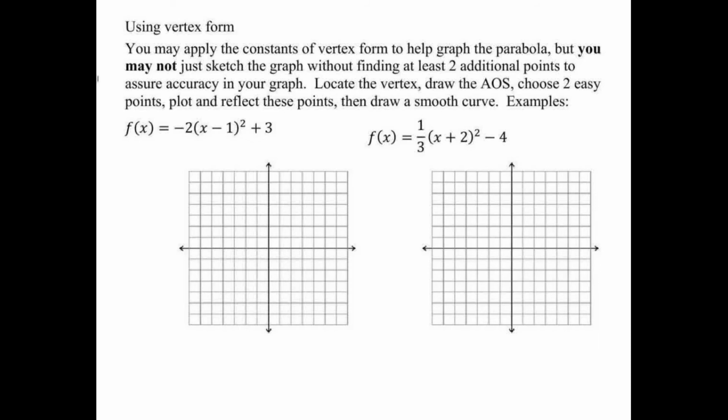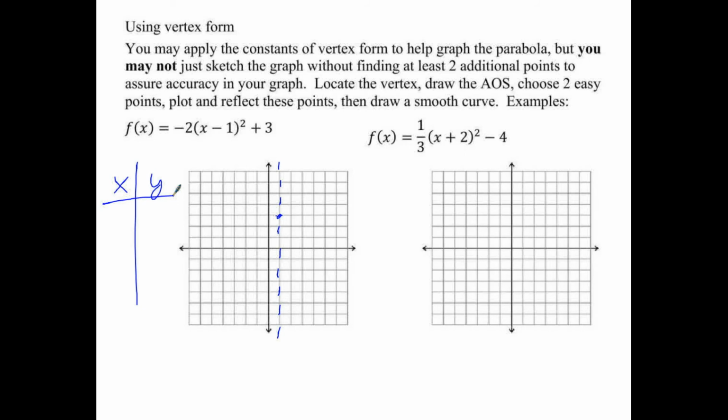All right. So we said that the vertex is at (1, 3). So we go to (1, 3), and we make our vertex. Now what? Yep, we have an axis of symmetry, so we can put that on there. Now what? A table. Now, this function looks a lot more complicated than the other ones that we were looking at, but I still don't need to make a 3-column table because the order of operations in vertex form makes the math that we're going to be doing here still easy to do in our heads.